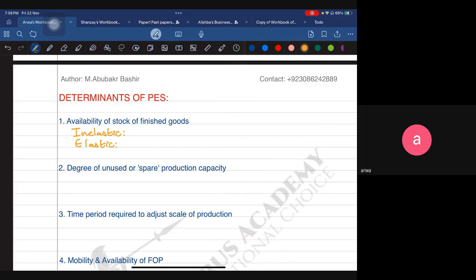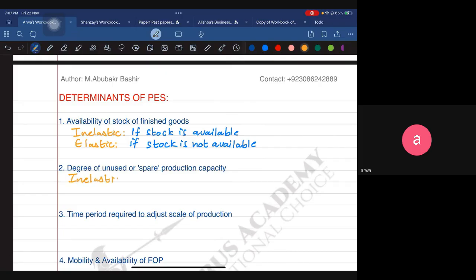But if it's inelastic, they can't increase it if they don't have it. So if stock is available, and if stock is not available. Yes, very nice.